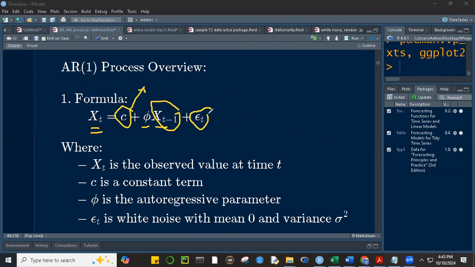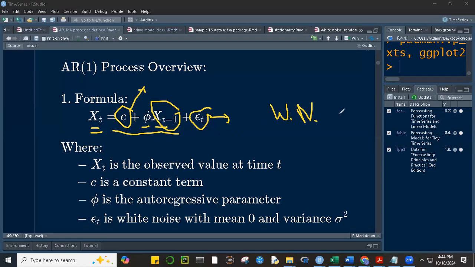Epsilon sub t is what we call a white noise. And where do we get this? This is from the residuals. The difference between your actual value and the intercept plus your predicted value is your epsilon sub t. That's your residual.